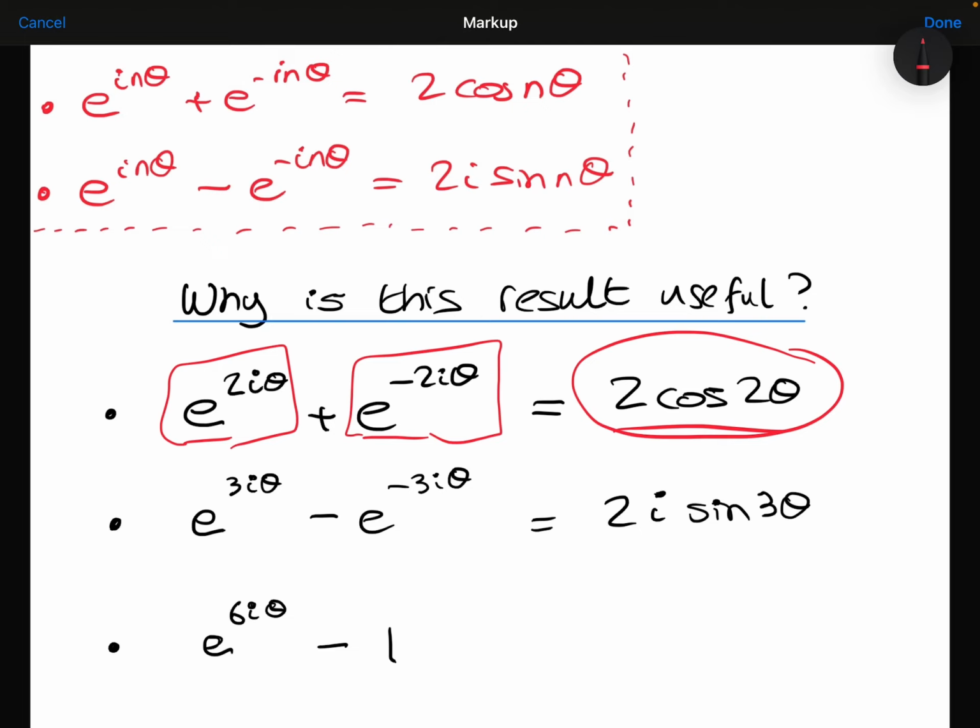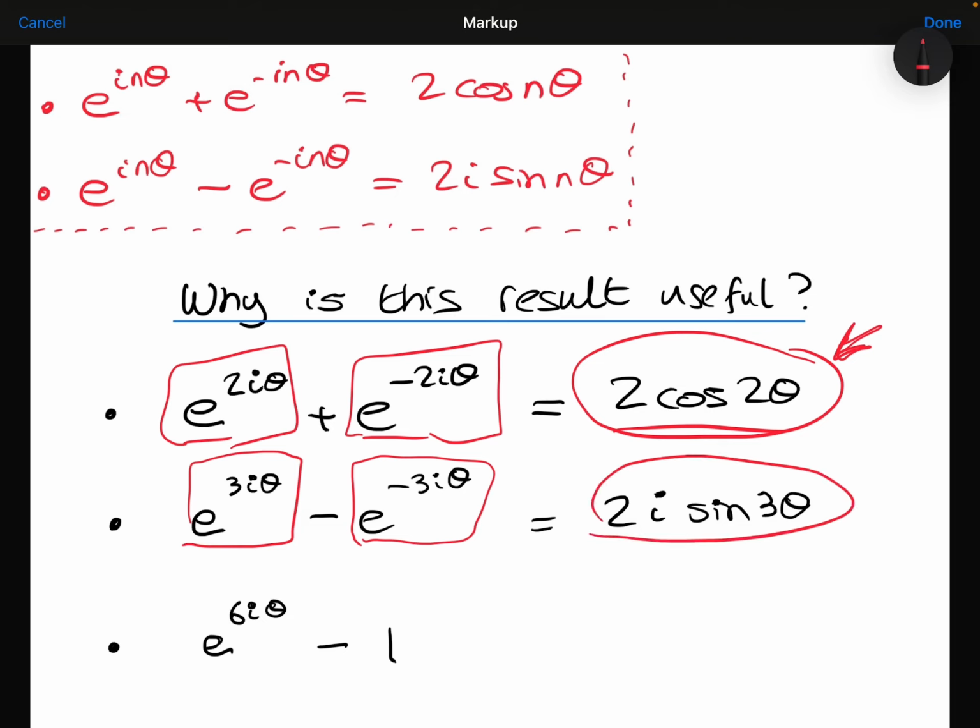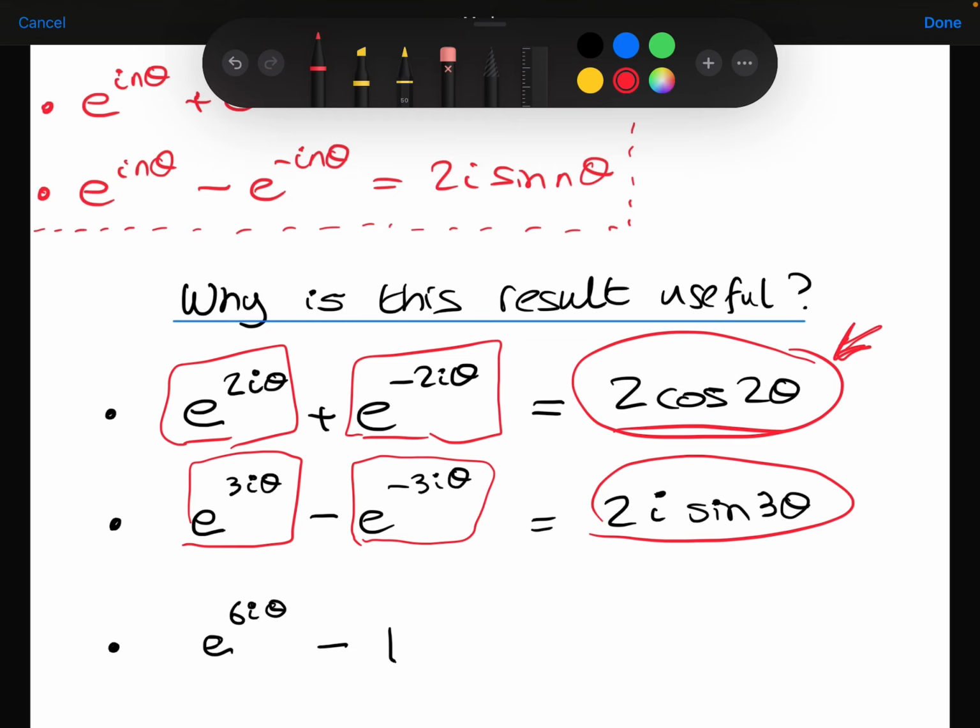This is real, there's no imaginary component there. In the next example, if I'm subtracting these 2 complex numbers, I actually get a purely imaginary number. Or I could think of it as a real number multiplied by an imaginary number. So that could be quite useful later on.